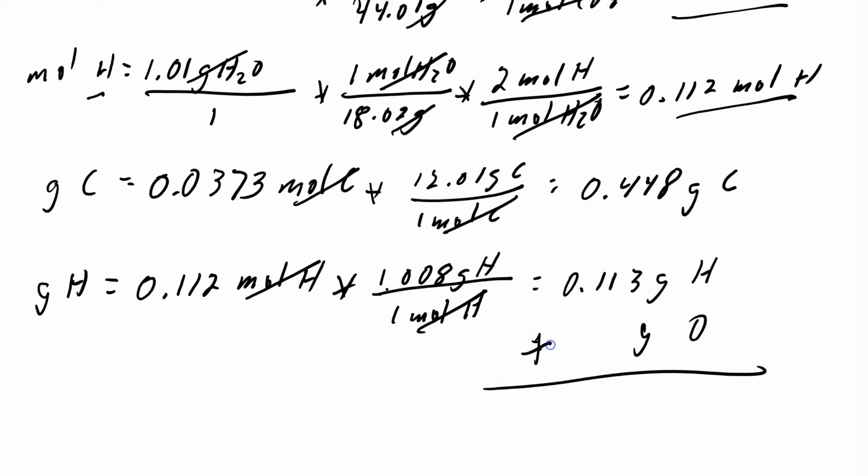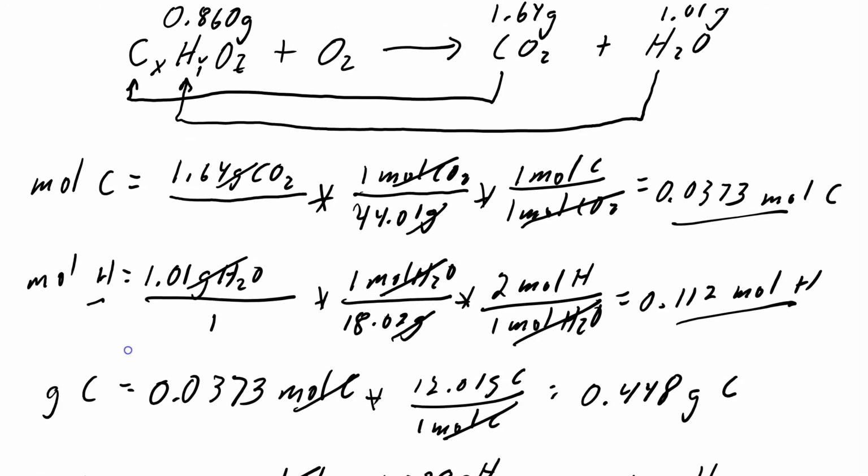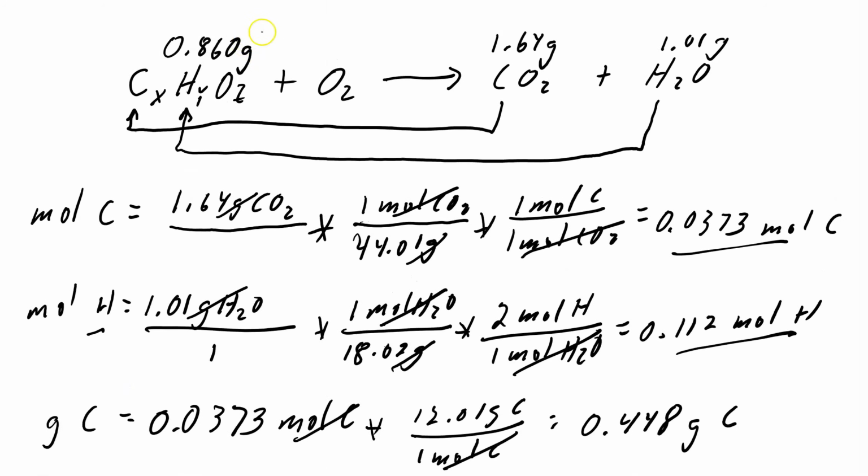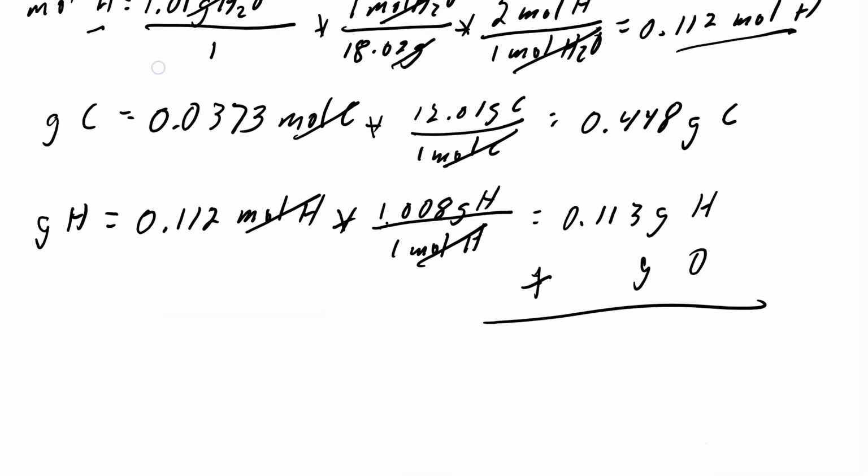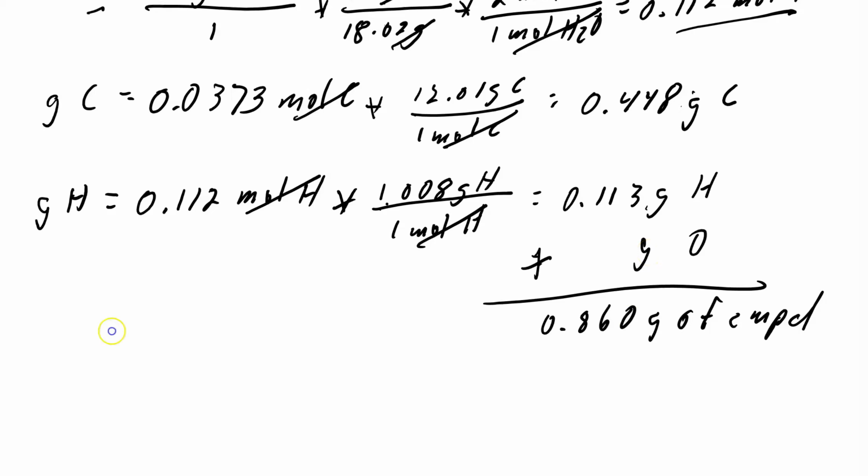So we also know that there are grams of oxygen, and when we add up all 3 of these, we're going to end up with our 0.860 grams of the compound that we started with. So these 3 have to add up to 0.860 grams of the compound. Well, we're going to subtract these 2, grams of carbon and hydrogen, from the mass of the compound to get our grams of oxygen. So let's do that.